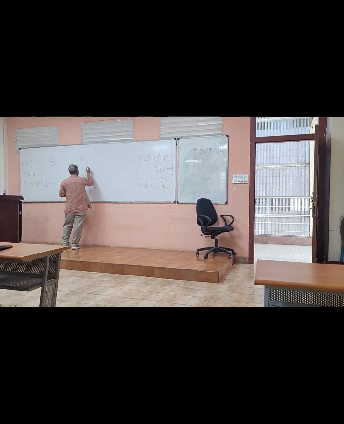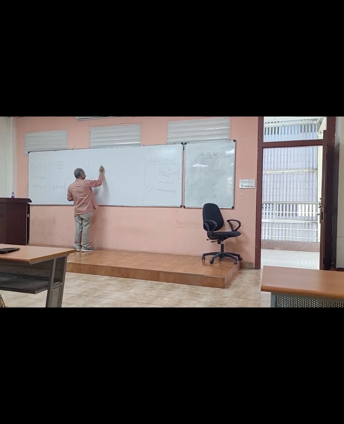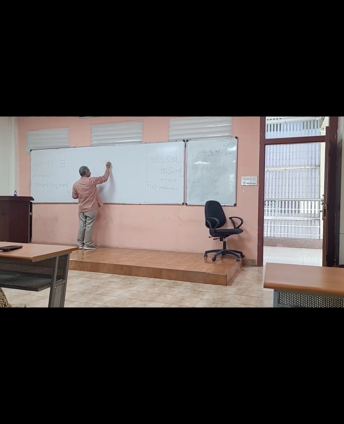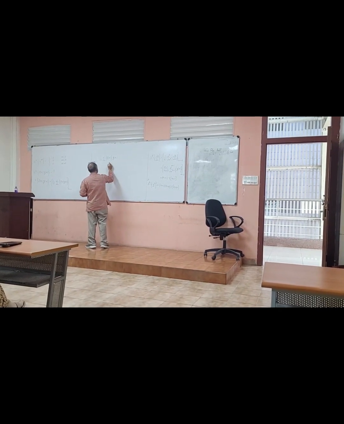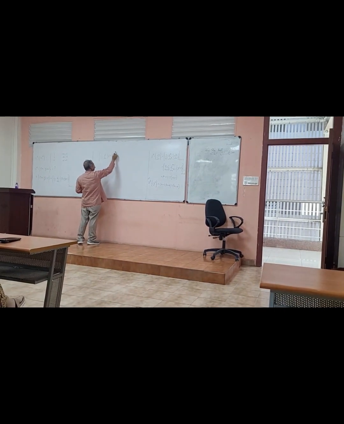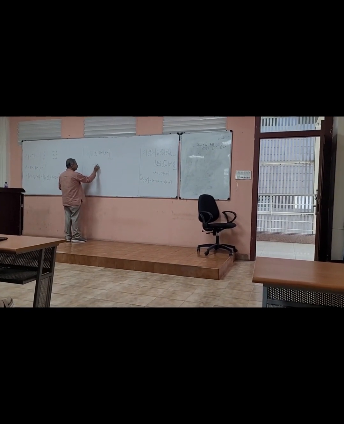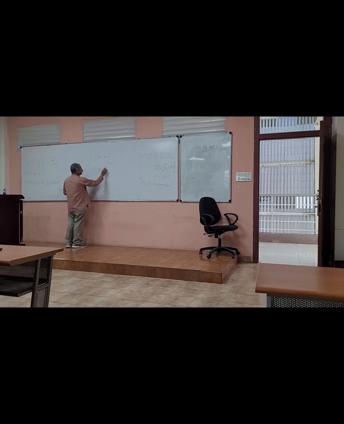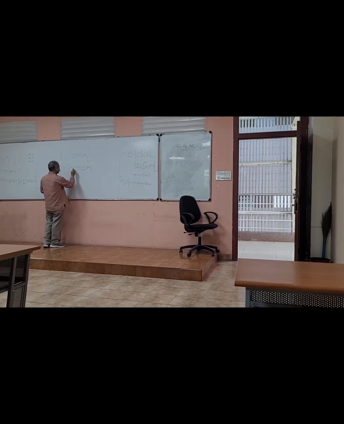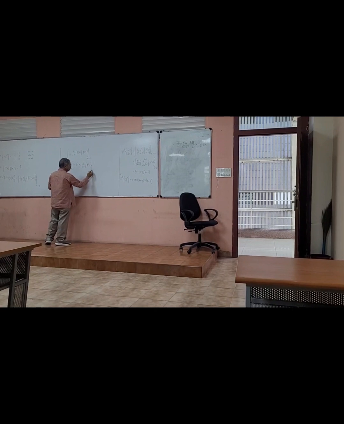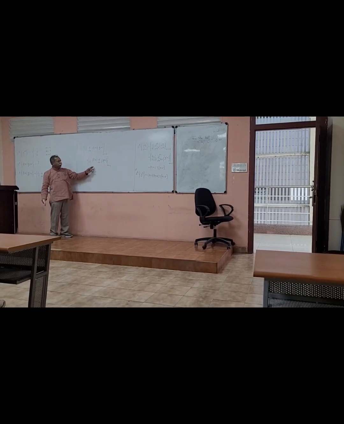Differentiating by parts: 1 by 1 factorial d by dx of f of x into g of x, evaluated at x equal to 0, plus 1 by 1 factorial f of x into d by dx of g of x. Okay.